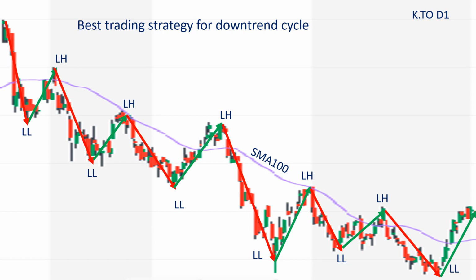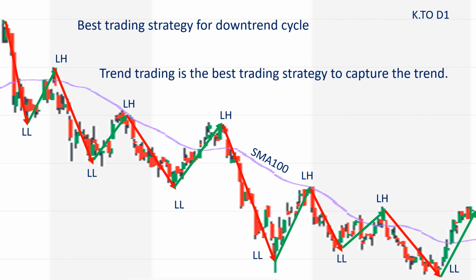And trend trading is the best trading strategy to capture the trend. Some students ask me, what is a pullback? I can show you exactly what a pullback is.